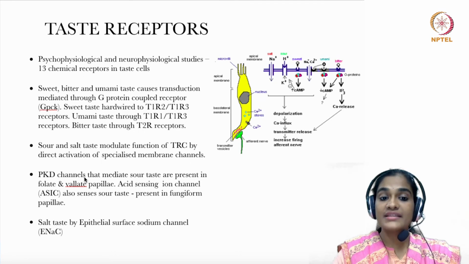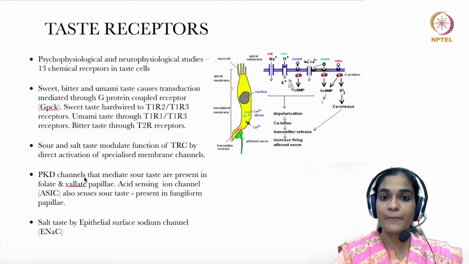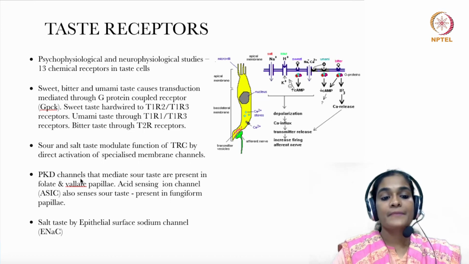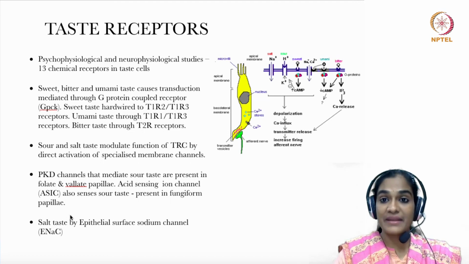Along with them, the acid sensing ion channels which are present in the fungiform papillae also help in the mediation of sour taste. The salt taste is mediated by epithelial sodium channels. The salt taste receptors are present in the type 1 cells, whereas the sour taste receptors are found in the type 3 cells.